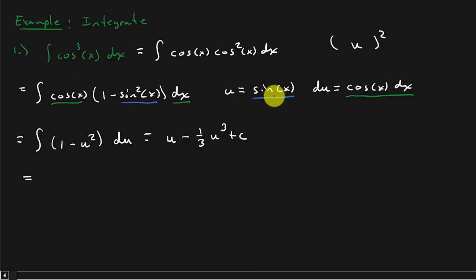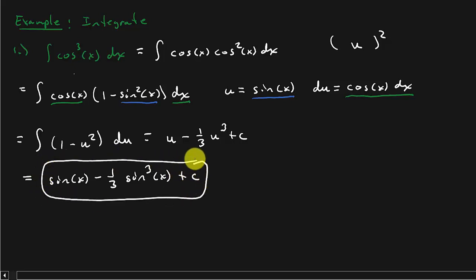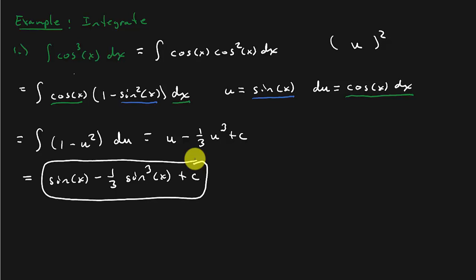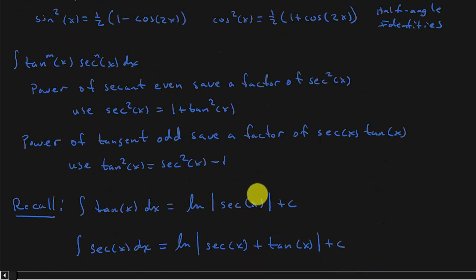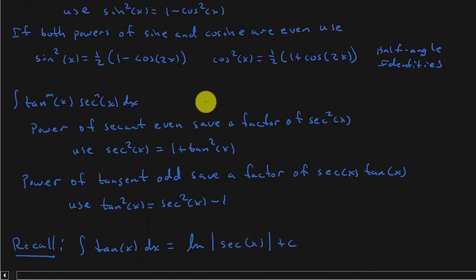Well, u is sine x. So that's sine x minus 1/3 sine cubed x plus c. And there's your answer. And it's really that easy. You've just got to remember the rules up here.